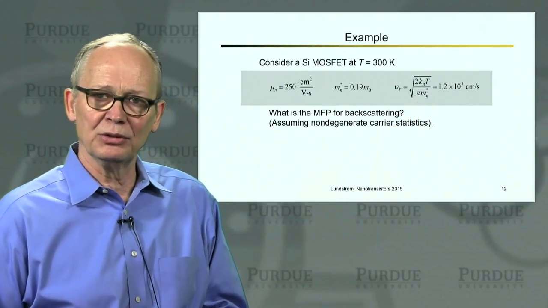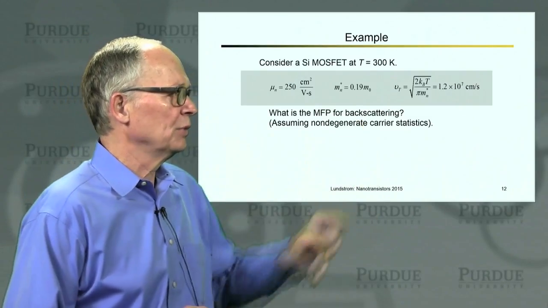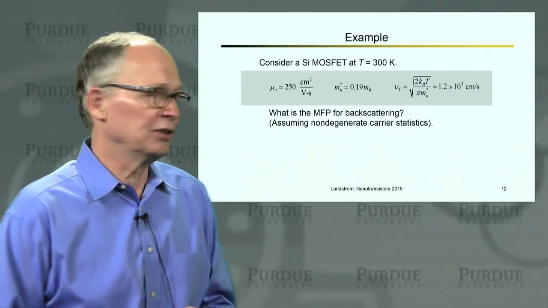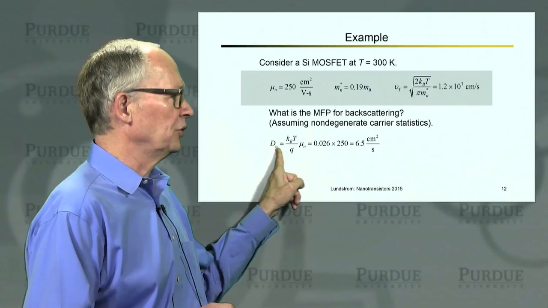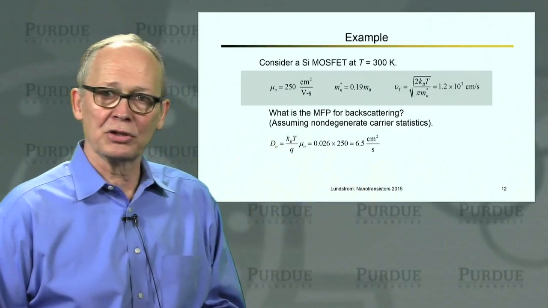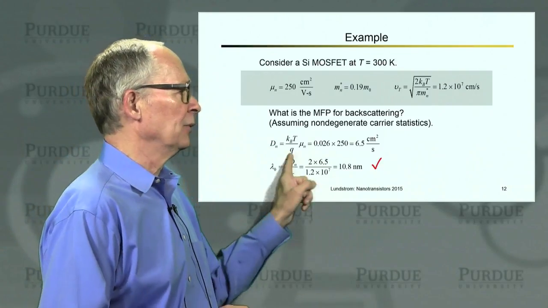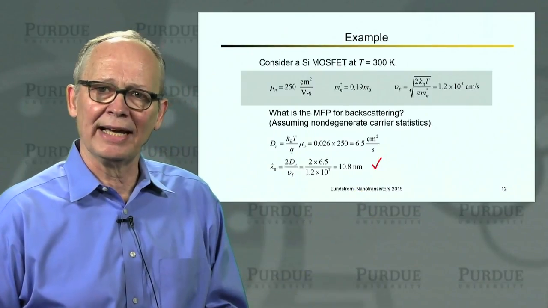It's 1.2 times 10 to the 7th centimeters per second. And now we can extract the mean free path for backscattering, assuming non-degenerate carrier statistics, by simply deducing the diffusion coefficient using the Einstein relation. The diffusion coefficient is 6.5 centimeters squared per second. And then we can solve for the mean free path. Turns out to be almost 11 nanometers.